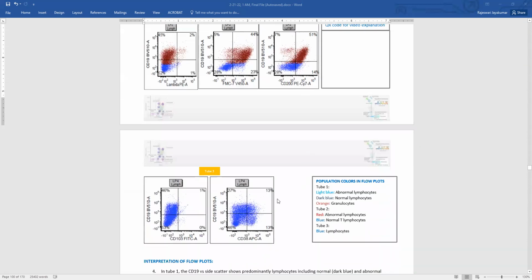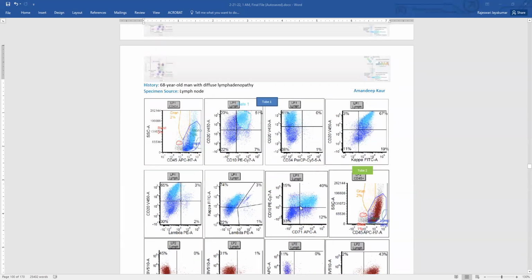These cells are negative for CD103, and they're partially positive for CD38. CD38 and CD21 are usually positive on the germinal center B cells, which is why here also we see that these are positive. So here we have a neoplasm arising from the germinal center.